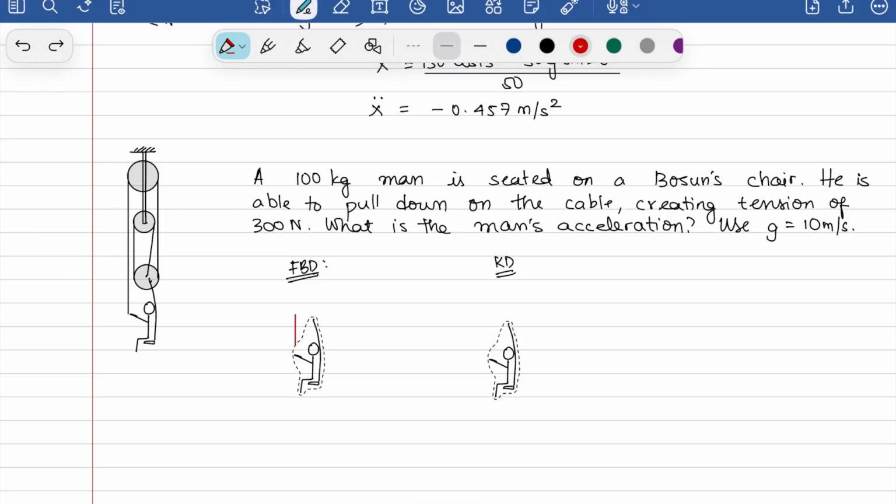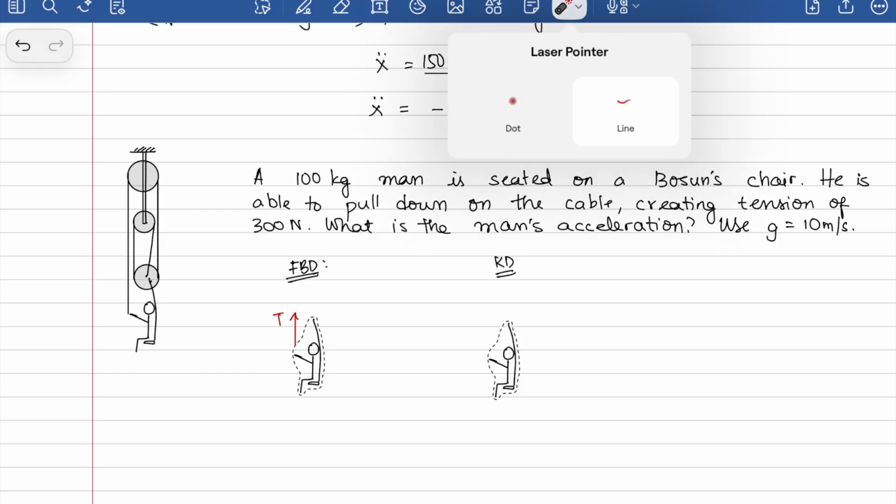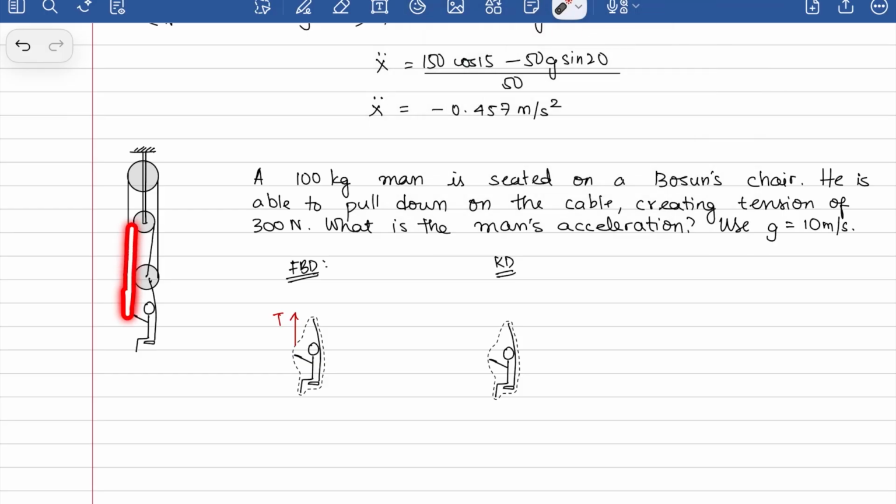This here is tension. So the human is pulling down and the cable, in reaction, pulls up, so all of the string experiences the same tension. So this here is going to have one tension upwards, another tension upwards, and another tension upwards.